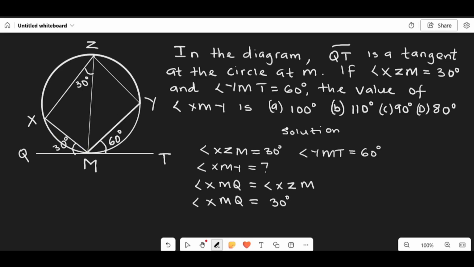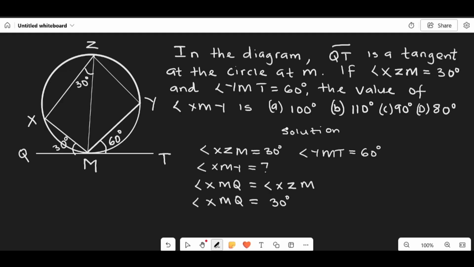We know that angle XMQ plus XMY and YMT, they are angles on a straight line, and the sum of angles on a straight line is equal to 180 degrees.